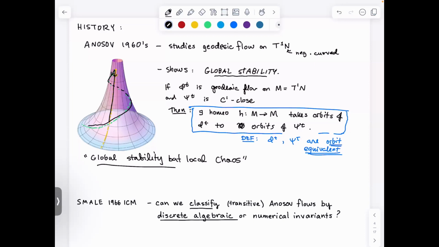And I added a word so I didn't misquote Smale: transitive. I should tell you what this means. This means that some orbit, some trajectory of my flow, is dense in the manifold. This is not always true. You have attractors and repellers, and even at that time it was known, thanks to some work of Smale, that there's a way to decompose it into more basic pieces. So the first thing to do is understand transitive examples and then come up with some assembly process of basic pieces into more complicated objects.